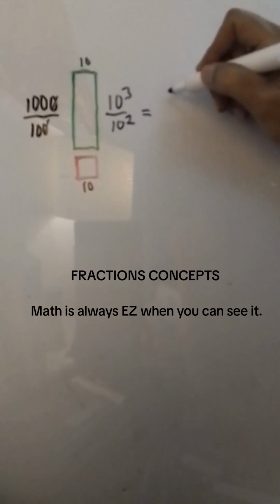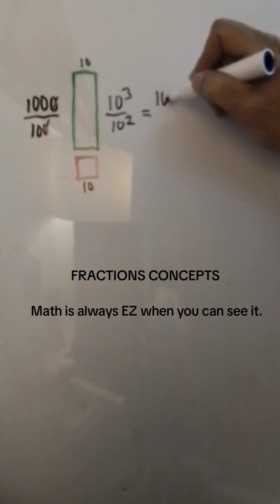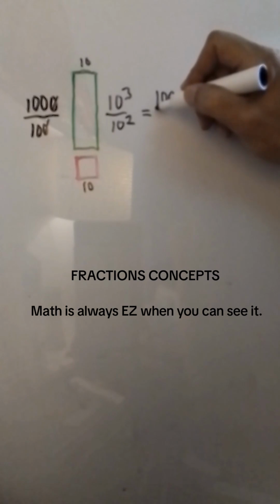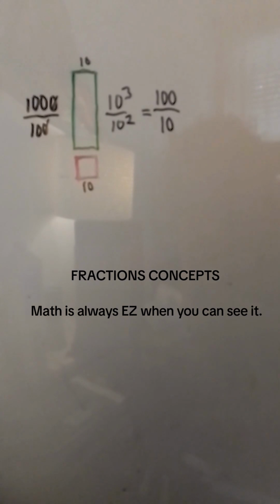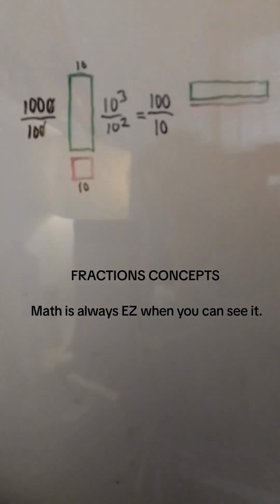So let's see here. I can say that's 100 over 10. All right, now I could have solved the whole problem by just doing this. And now what I have is 10 over 1. All I did was turn this sideways.